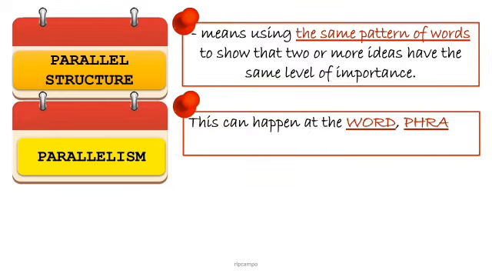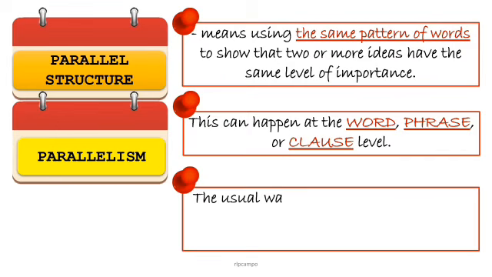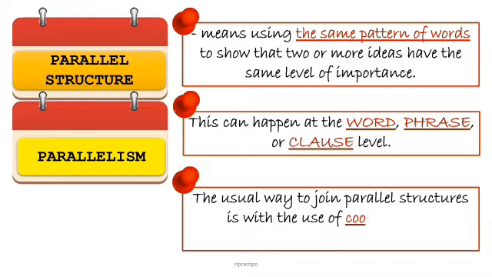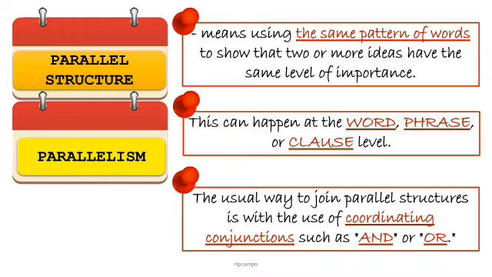This can happen at the word, phrase, or clause level. The usual way to join parallel structures is with the use of coordinating conjunctions such as and or.